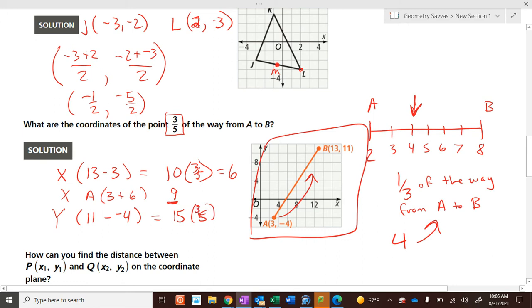3/5 of 15. So 15 times 3 is 45. What's 45 divided by 5, Ray? 9. So you need to go 9 away from -4.